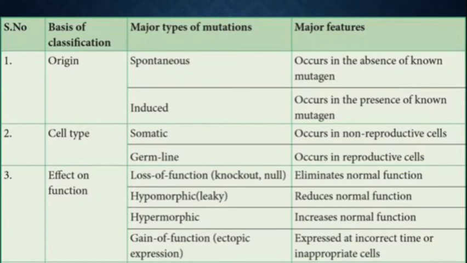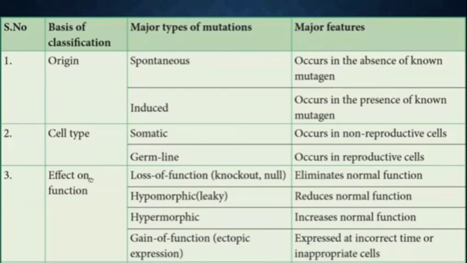For example, we have breakfast in the morning but don't feel hungry; we feel hungry after 11 o'clock, and after lunch we feel hungry in the evening at 3 or 4 o'clock. It's functioning, but at an incorrect time, or in inappropriate cells, meaning the wrong cell is taking the function.